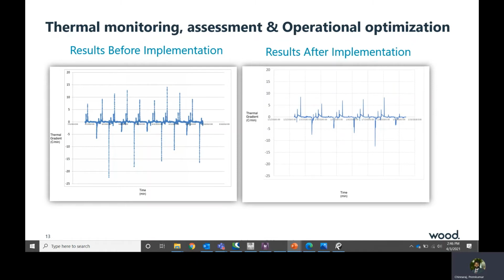Similarly, during water quench, the flow rate of water was optimized such that a lower rate is maintained until the upper end of the cone. This helped in reducing the thermal gradients during quench. You can clearly see that after implementing our recommendations, thermal gradients measured during coking and quench are less than 10 degrees centigrade per minute. Only occasional peaks were observed during quench, which are greater than 10 degrees centigrade per minute.